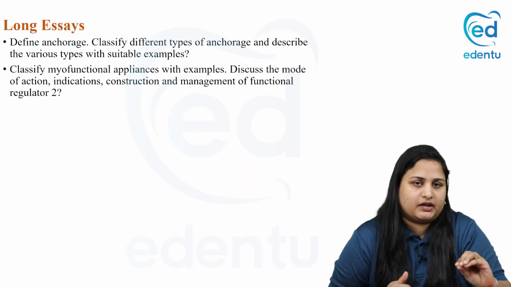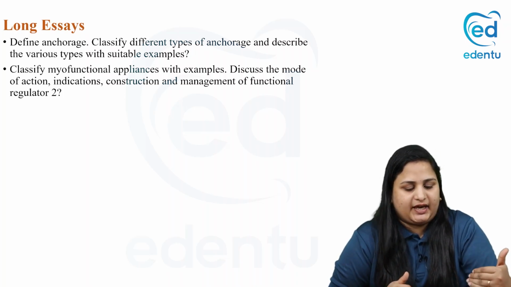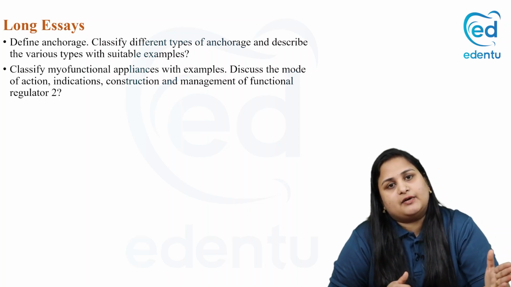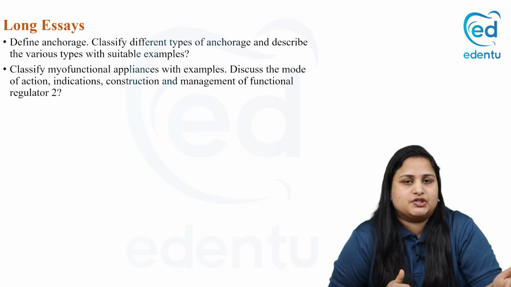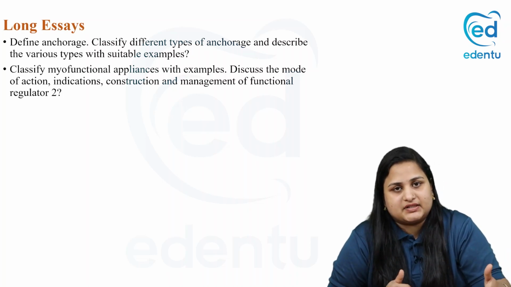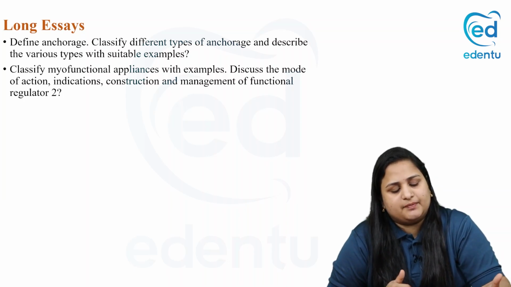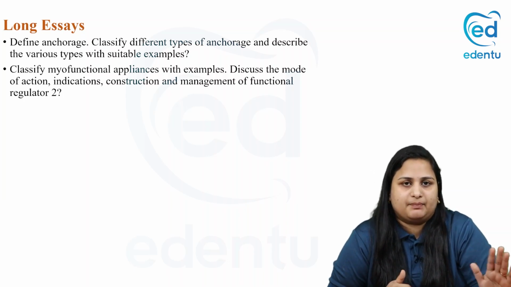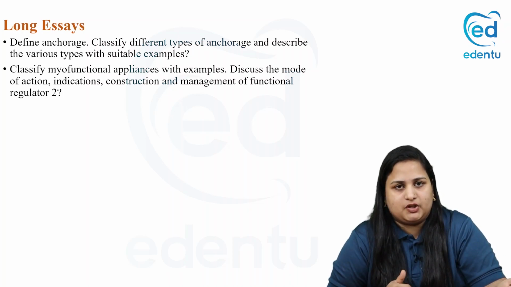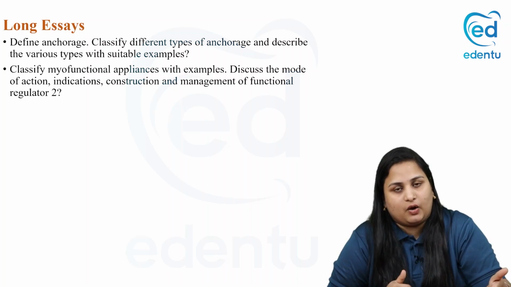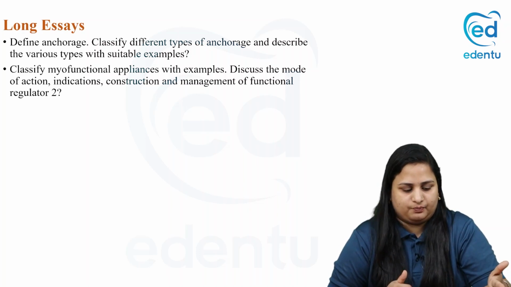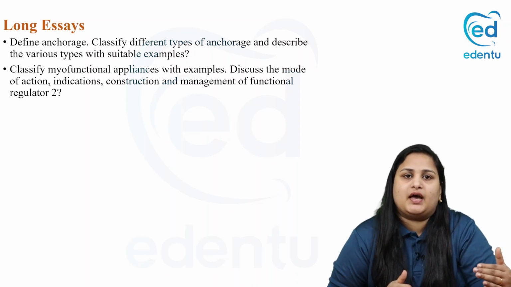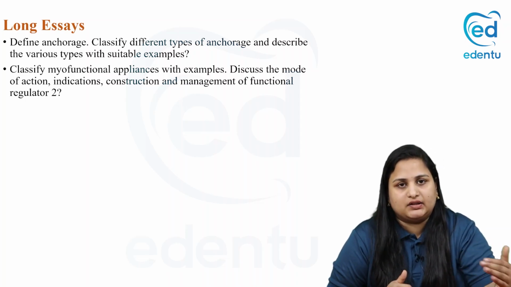First, the definition of anchorage by one or two authors can be written, and then different types of anchorage like simple, compound, or a combination, the reciprocal types, which we have discussed earlier, and then the different types with suitable examples: how a simple appliance, how reciprocal anchorage can be used, for what appliances, for headgear, how it is being used. Such a question is very clear for you. There are three subparts to it, so please divide your time and your answers equally, addressing all three questions.